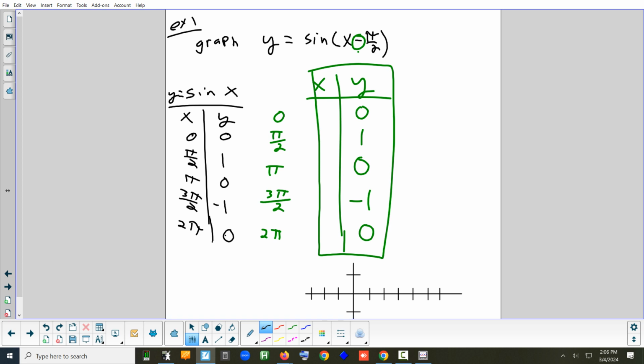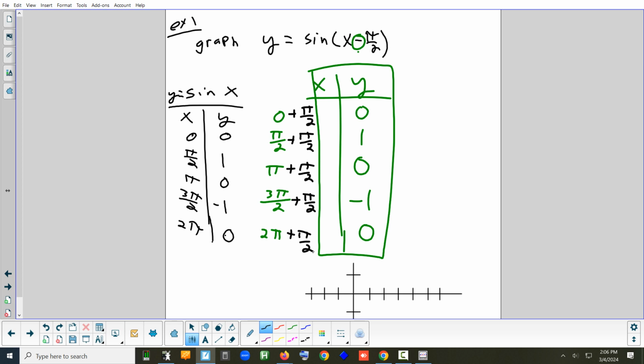By adding pi over 2, it's going to make all the x's bigger, which means it's going to shift them to the right, exactly the way they're supposed to go. The other thing is no decimals. We're going to be writing all the x values as exact answers, usually with pi in them.